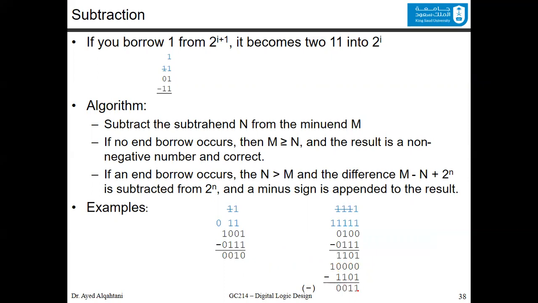The result here is minus the number. This number is 3, so it's minus 3. If you have a correction, it means that the result is negative. Now, this is the subtraction using a borrow.